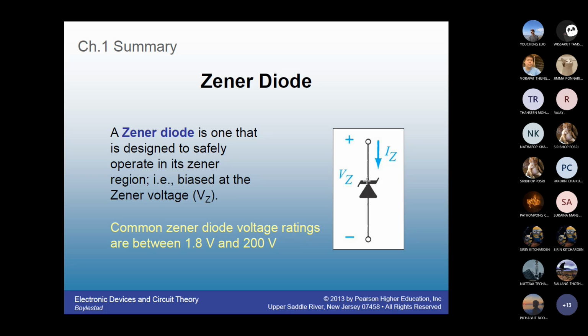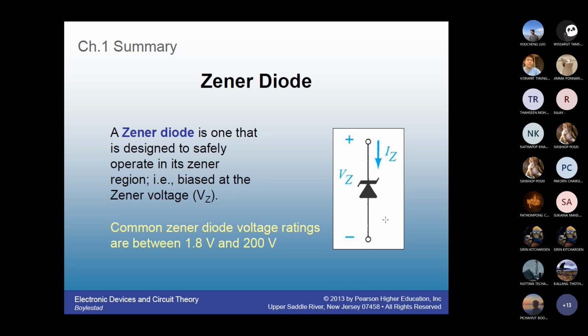A normal diode, the triangle should be up, the horizontal line should be down, and plus and minus. That is what we call forward biasing. If you have a Zener diode, it's a special type which operates in reverse bias. So the cathode is up, the anode is down, and this is not a straight line. This looks like a curved Z or S, not a straight line.